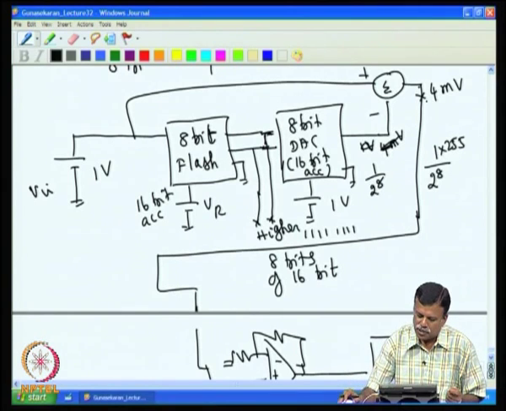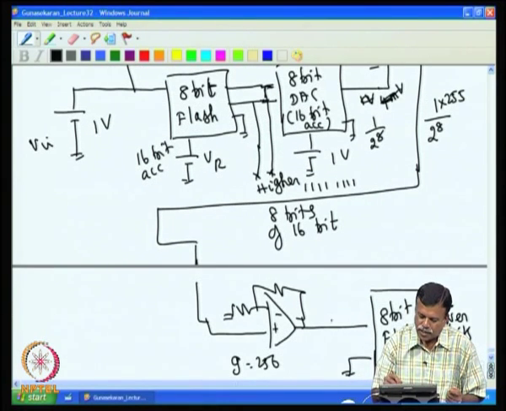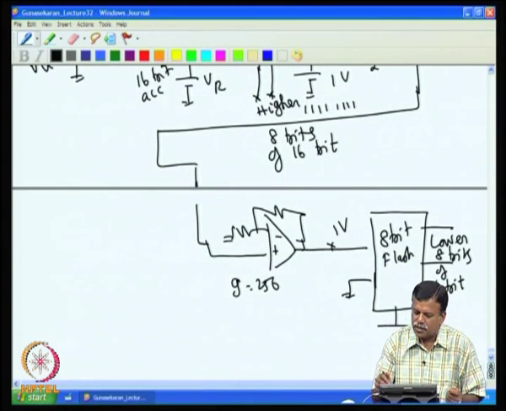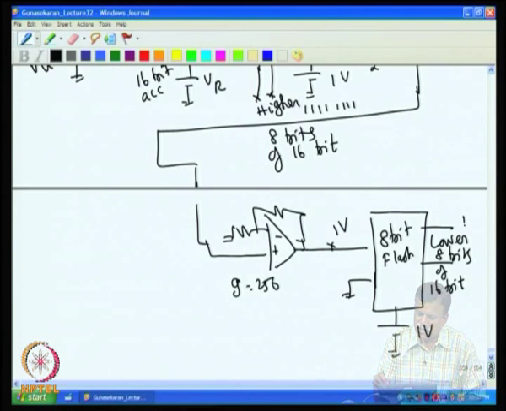This 4 millivolt is amplified by 256 and that gives you 1 volt. Now, this 1 volt will be digitized by this converter, and you will get all 1s, all 8 bits will be 1.